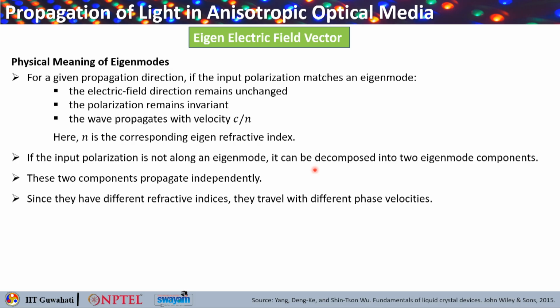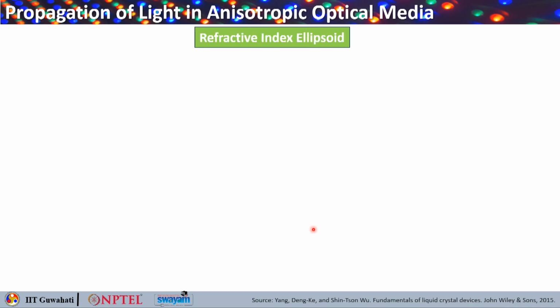Because they have different refractive indices, they will travel at different phase velocities. So, after propagation over a certain distance, when you add up those two components, the effective polarization will be different from the incident or starting polarization. So, the resultant polarization changes with distance.